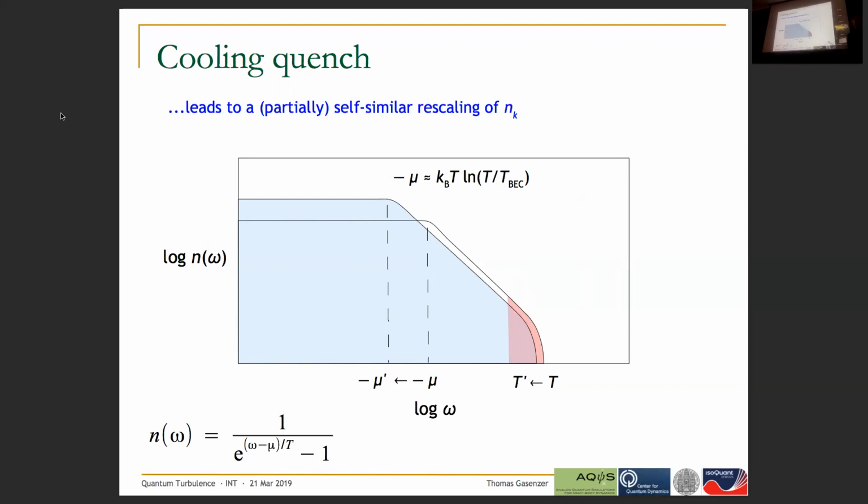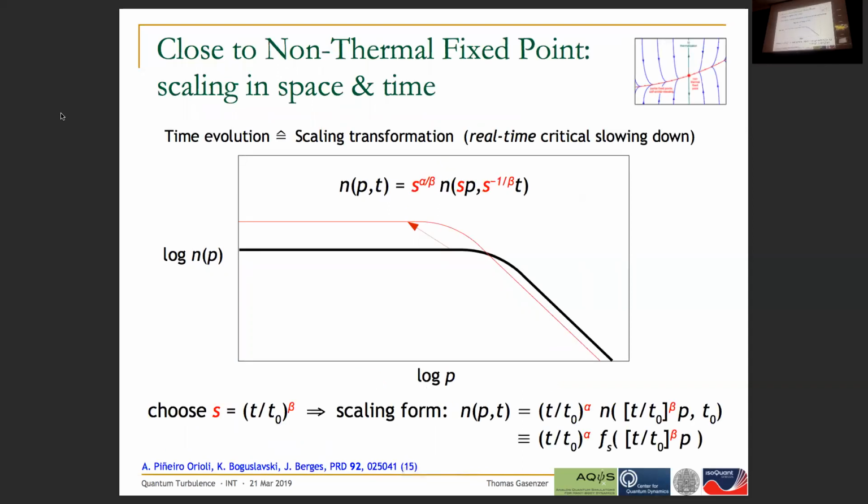So a rescaling in a double log graph is a shift along the two axes. Okay. That's why I'm doing it. So the shape is universal, and the cooling is just the rescaling of these scales, which rescales the curve in a way that it shifts them to the left and upwards.